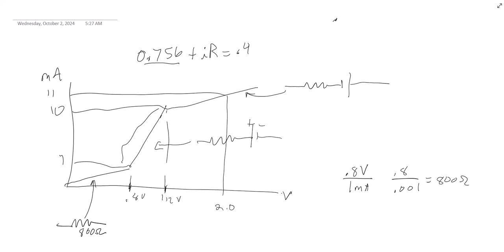Okay, so 0.756 plus IR equals 1.2 minus 0.044. Then subtract 0.756.